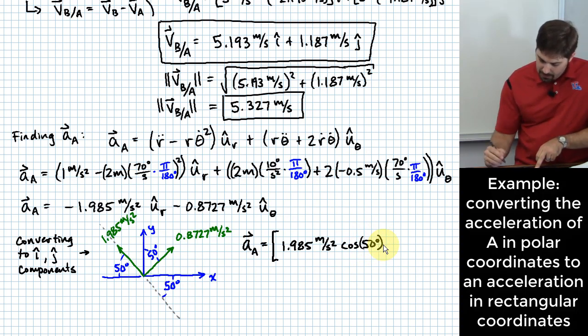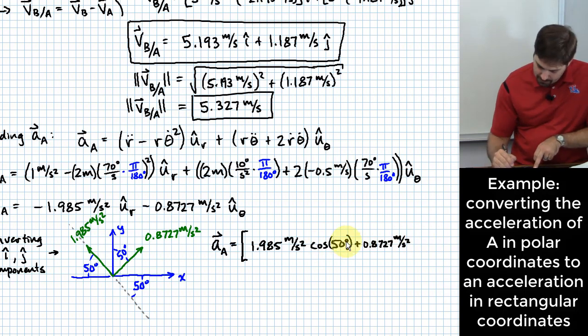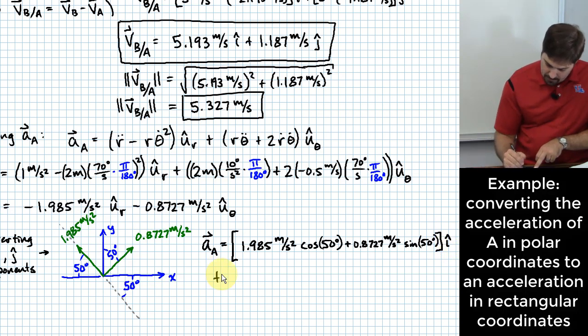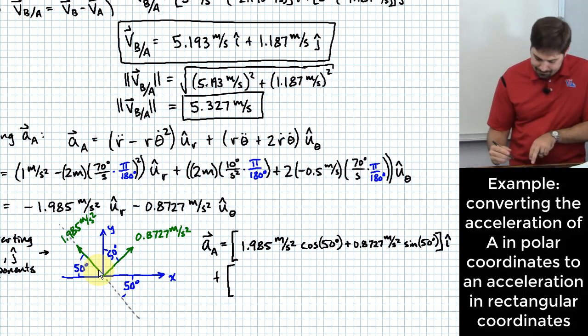The other component looks like it ends up being positive, so positive 0.8727 meter per second squared. This times the sine of 50 degrees. So I've got all of that, and then the direction is in the I. To this, I add all the stuff that happens in the vertical direction.